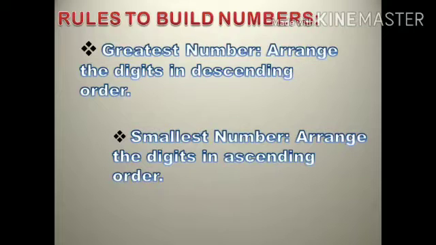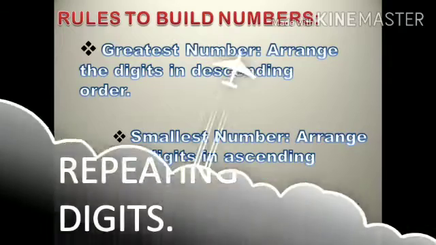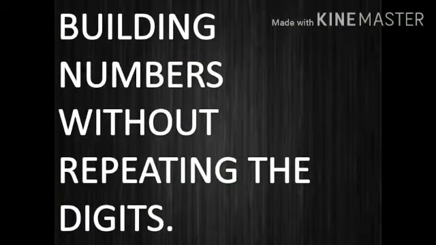Second, for building smallest number, you have to arrange the digits in ascending order. That is, from small number to big number. Children, read this sentence. Building numbers without repeating the digits.